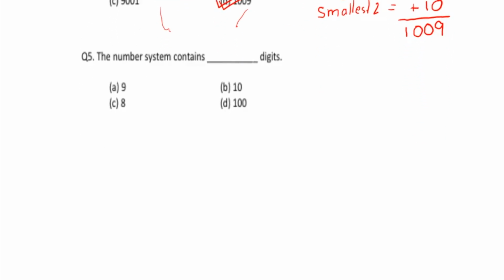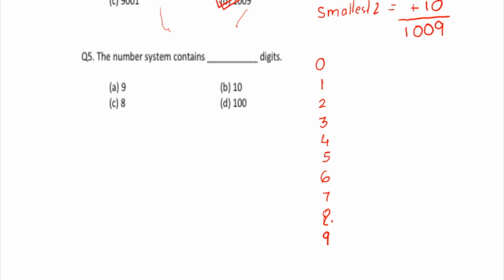Moving on to question number 5. The question is: the number system contains dash digits. So how many digits does the number system contain? We know the digits start from 0, 1, 2, 3, 4, 5, 6, 7, 8, 9. So these are the digits.